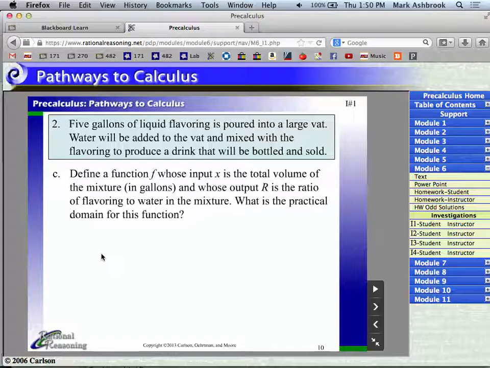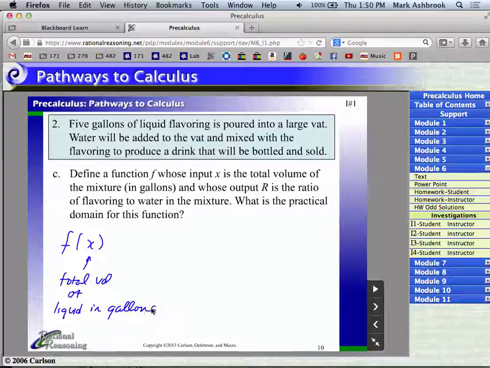So now we want the function, and what's the input of our function? What is it? Total volume of liquid, or drink, in gallons. And what's the output going to mean here? The output is, what do they say?